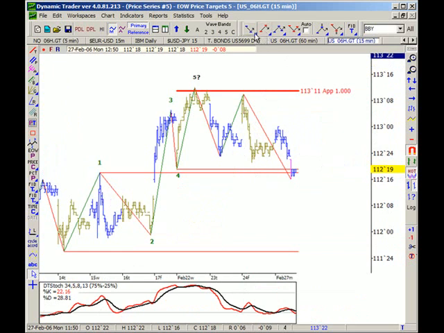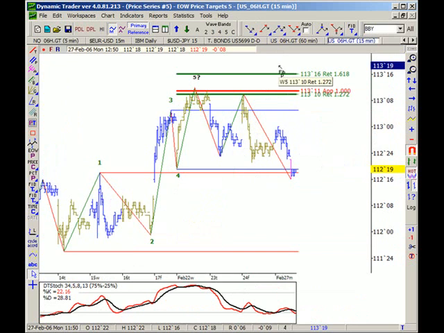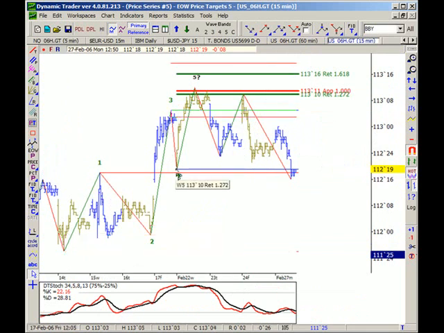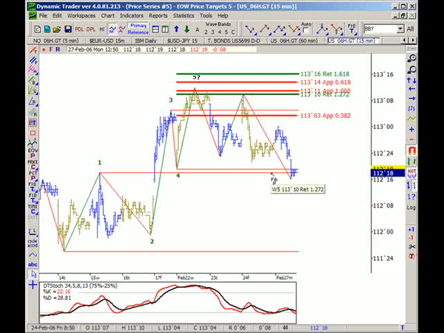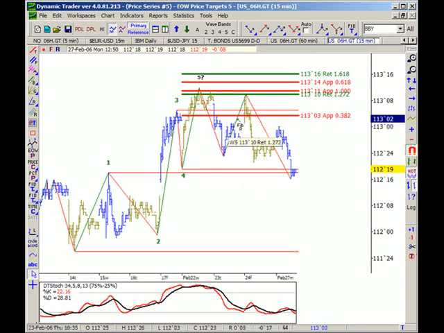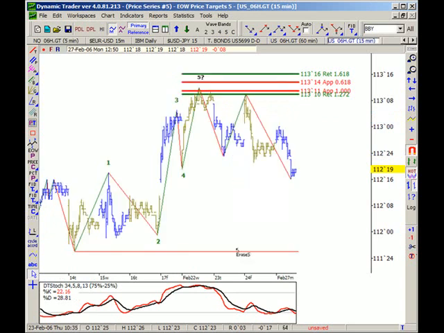We would do our external retracements, and we do the 38 and 62% alternate price projections of 1 through 3. So there we go. It's the same ones that I had on earlier with the one click. I'll just clean the chart up and you can see. Same ones, 113.10 to 113.14.